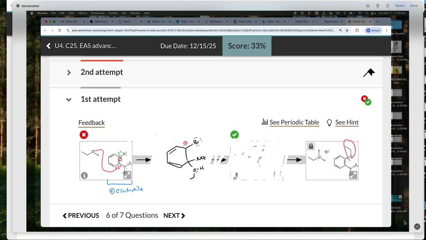Okay, and I want to effectively reform aromaticity. To reform aromaticity, what would I have to do? I would have to bring those electrons back down to restore aromaticity. But in that restoration of aromaticity, I would exceed the octet on that carbon, right?